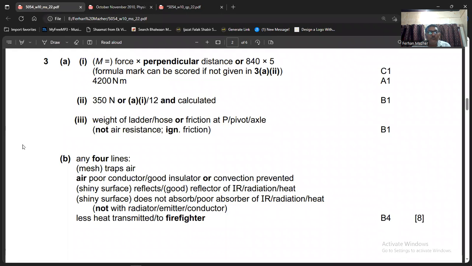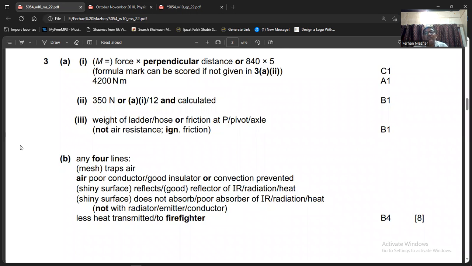Okay, so the marking scheme is a good question. Question number 3, B part. Any 4 lines, you can write: the mesh traps air, air poor conductor, it's a good insulator, or convection prevented. Shiny surface reflects, good reflector of the infrared radiation or heat. Shiny surface does not absorb, it's a poor absorber of the infrared radiation or heat, not radiator, emitter, or conductor.